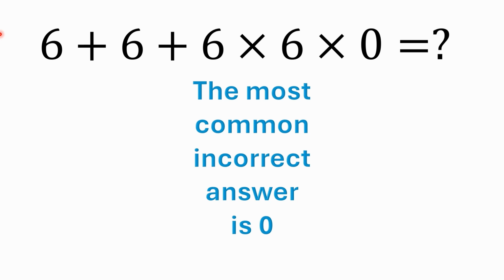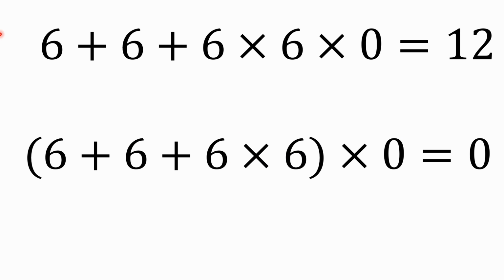The most common incorrect answer is 0. There is a difference, folks. All the people who think the answer is 0, you would have to put parentheses around the 6 plus 6 plus 6 times 6 portion and solve everything inside of there, which would give you what? 6 times 6 is 36, plus 6 is 42, plus 6 is 48. 48 times 0 would be what? 0, okay, if you do it that way.